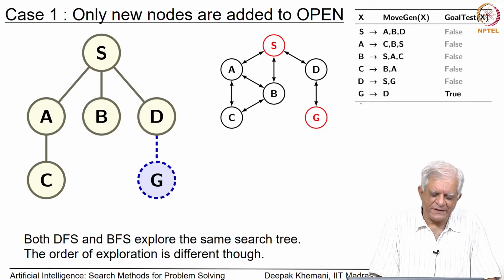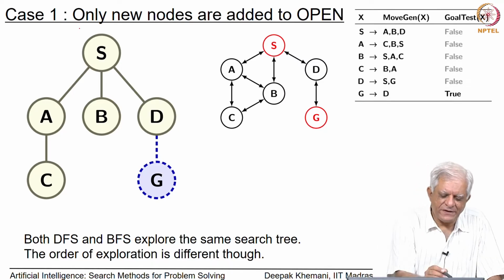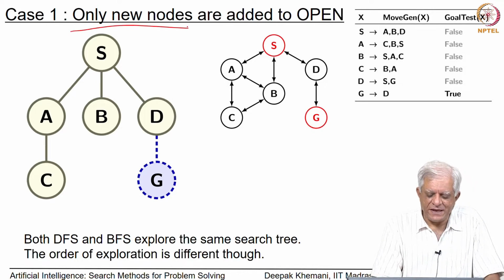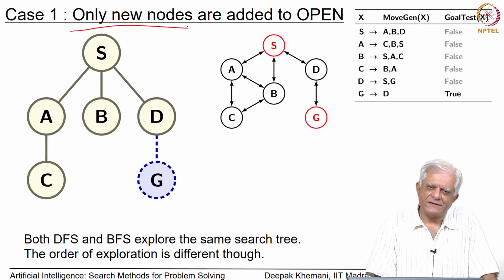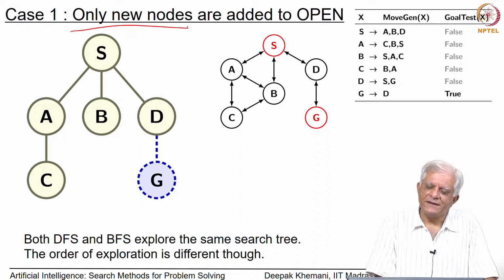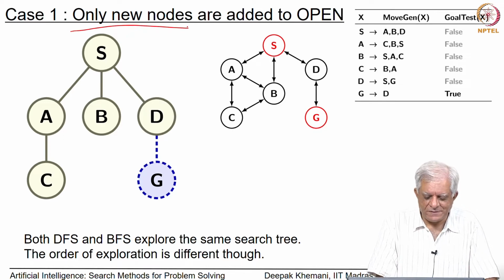So, in this first case where only new nodes are added to open, the behavior on this small problem of both depth first search and breadth first search is the same. It will differ on larger problems, but we just want to understand how the space generated by the algorithm can vary from algorithm to algorithm.